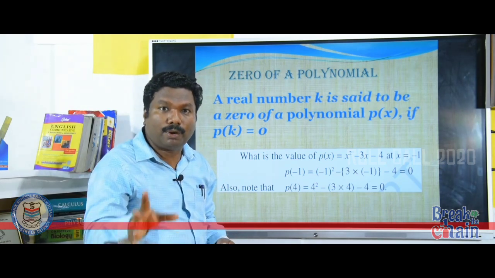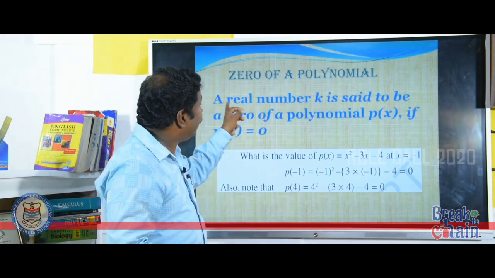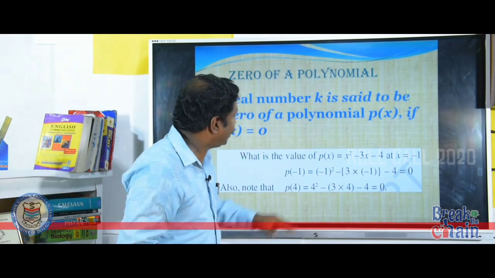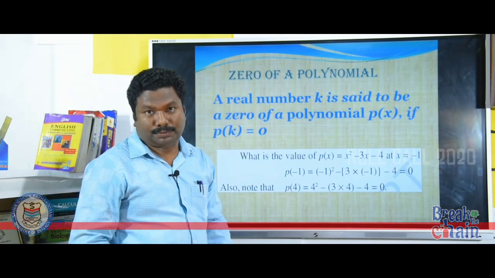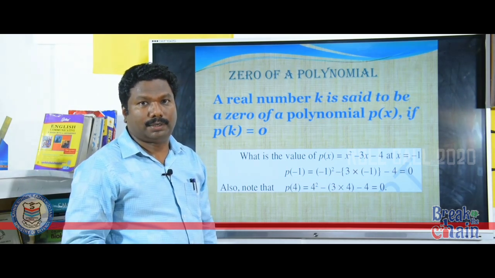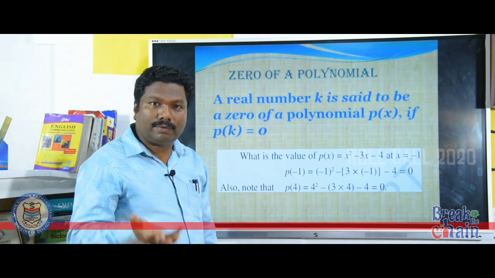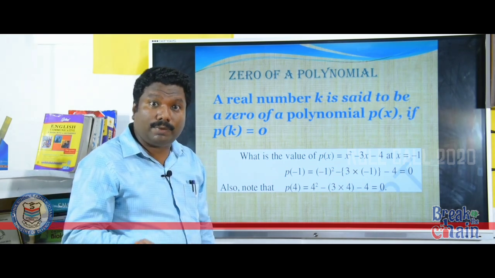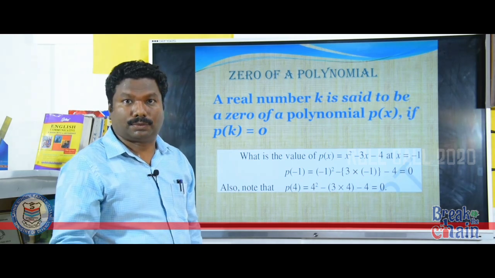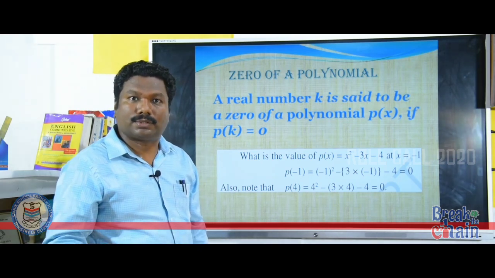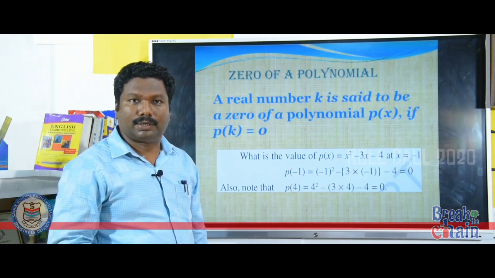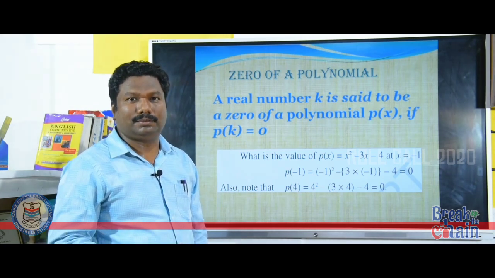This is the definition for zero of a polynomial. The value of a polynomial at x is equal to k can be zero or non-zero. If it is equal to 0, that particular k is a zero of that polynomial. That is a simple thing.